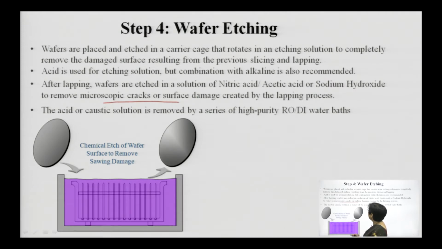Now not only that, after lapping the wafers are always etched by nitric acid and dissolved in acetic acid or sodium hydroxide to remove the microscopic cracks and the surface damages. The acid or the caustic solution is again removed by deionized water and RO water.